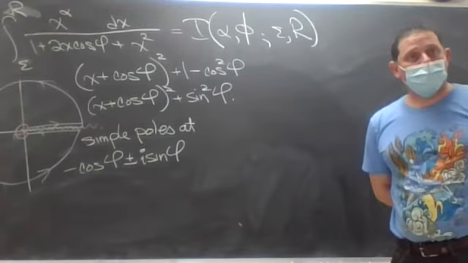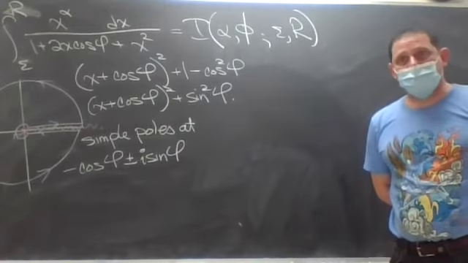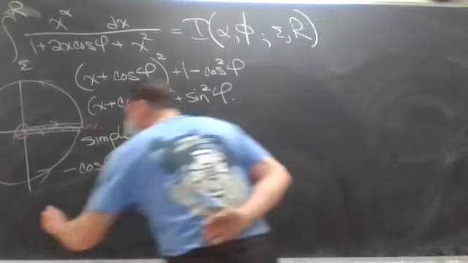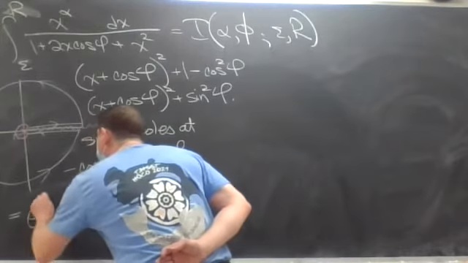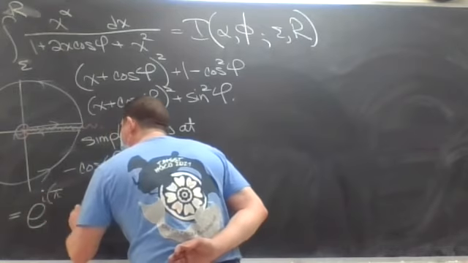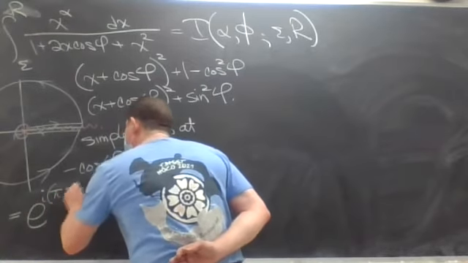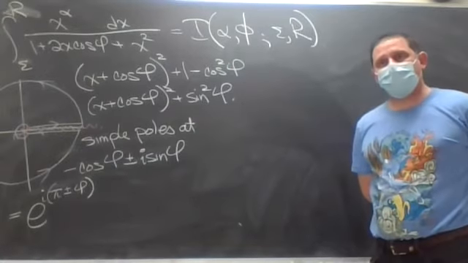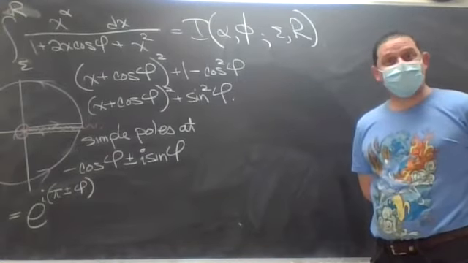Negative cosine phi plus or minus i sine phi is equal to e to the i pi plus or minus phi. Convenient.